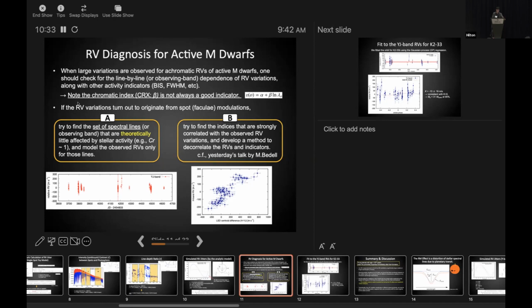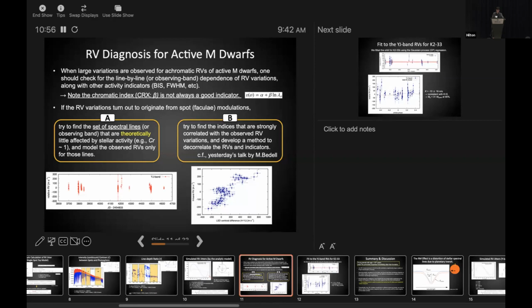But I should stress that the chromatic index, defined as beta here, is not always a good indicator because there's no guarantee that the LV variation is monotonically dependent on the wavelengths.